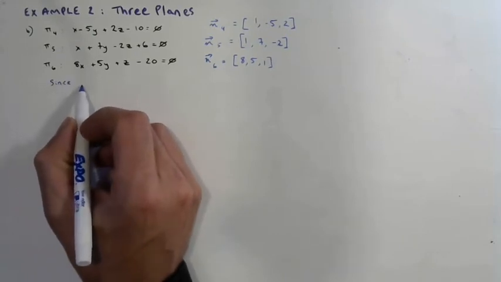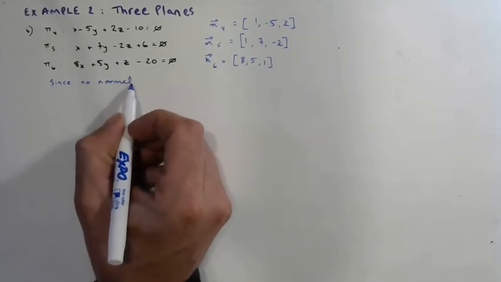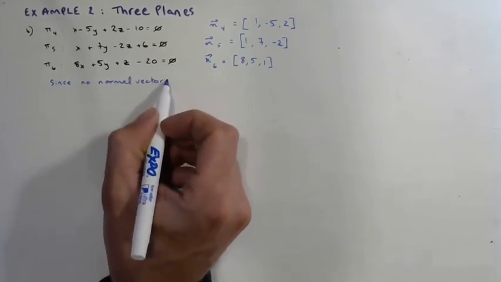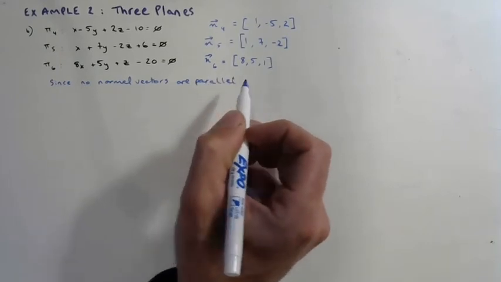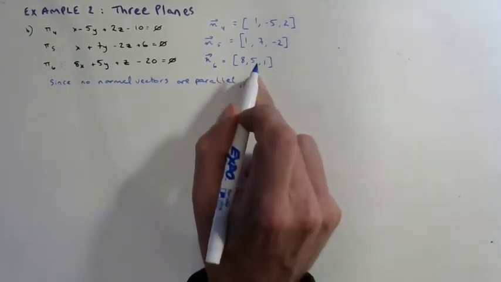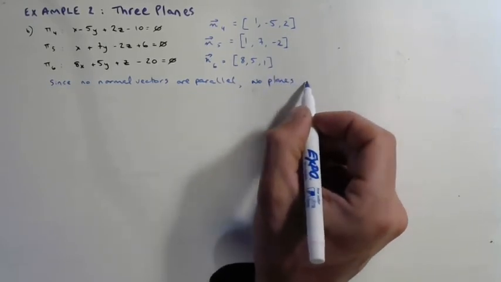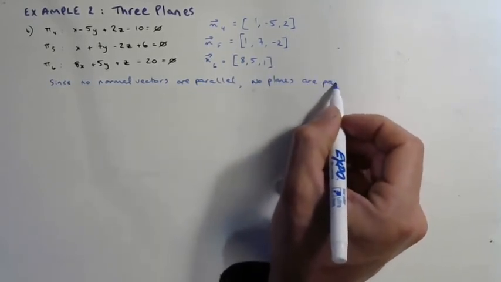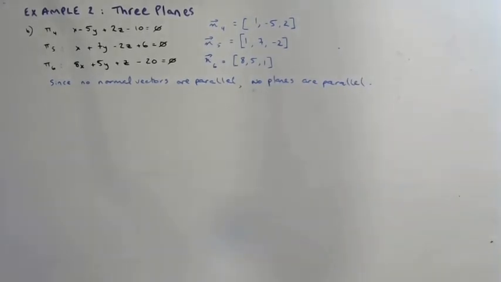Since no normal vectors are parallel, what does that tell us? No planes are parallel. Okay, so these are going to intersect.